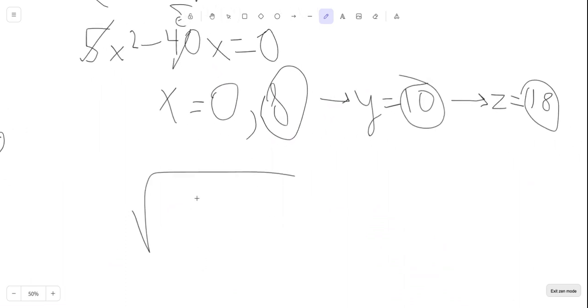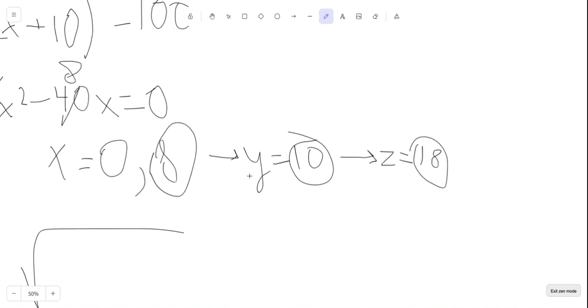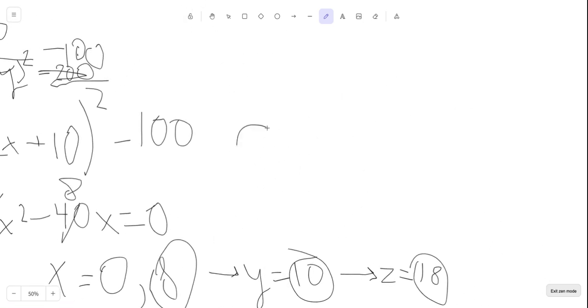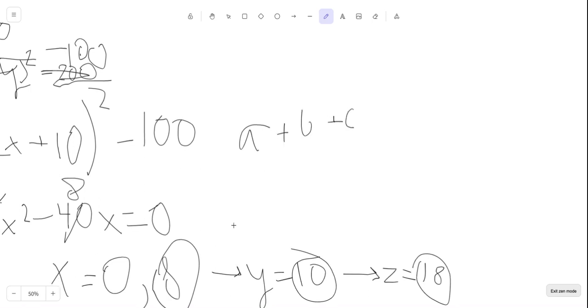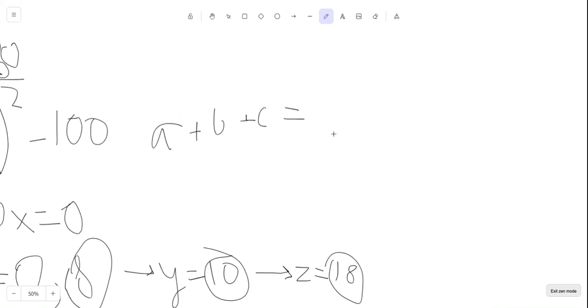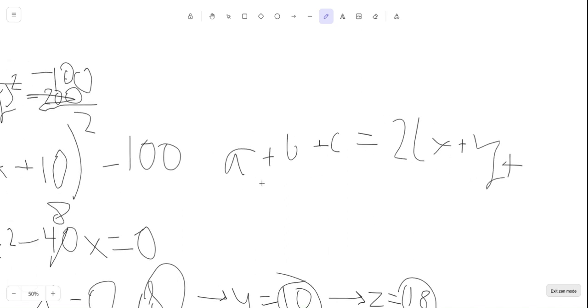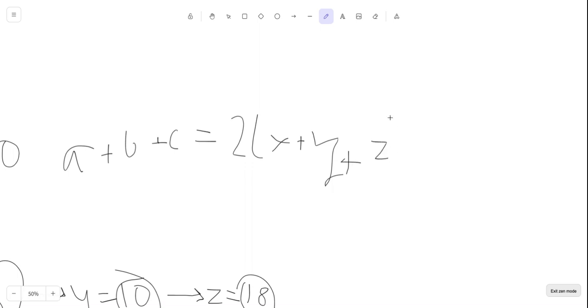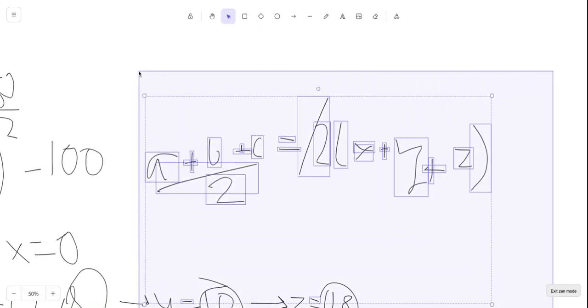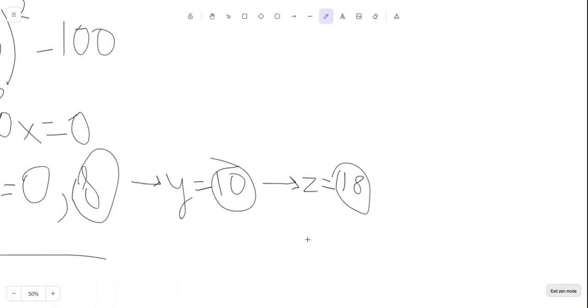So our semi-perimeter, if we add all the sides, we would get 2 each of x, y, and z. Because one side is x plus y, one is y plus z, and one is x plus z. So our semi-perimeter is just the sum of x, y, and z. It's super easy to see.